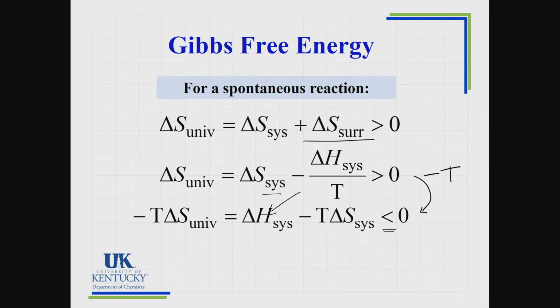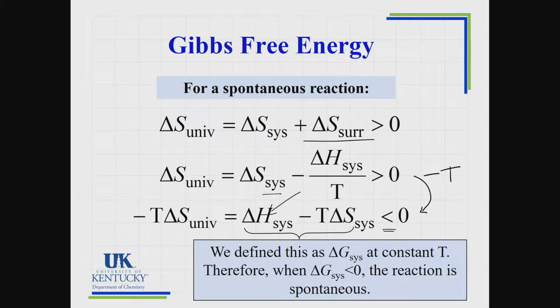Okay, so we've done some manipulations here, starting with our same second law of thermodynamics equation. Now what we do is take this portion and call it the delta G of the system. The delta H of the system minus the temperature and the delta S of the system will give you delta G of the system, as long as you're measuring it at a constant temperature process.